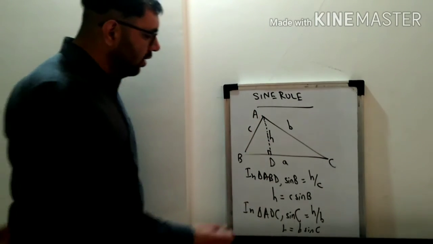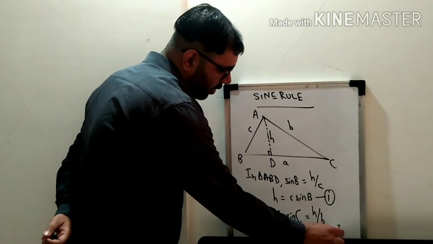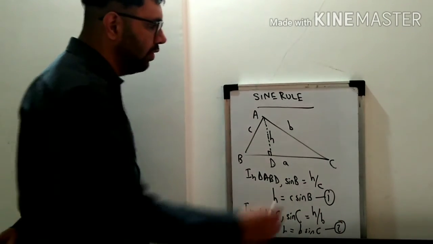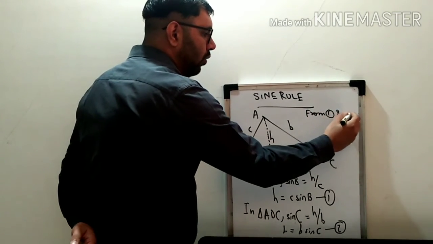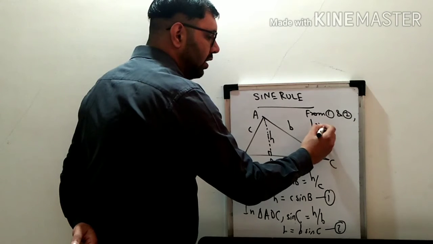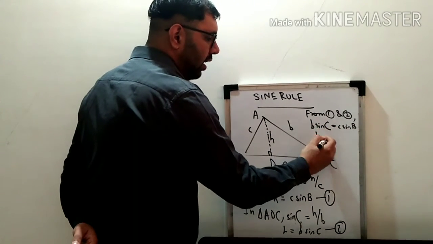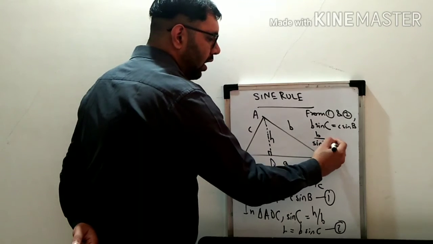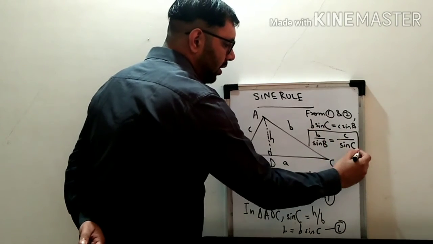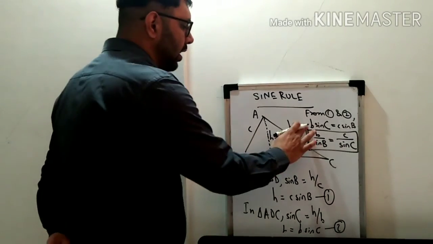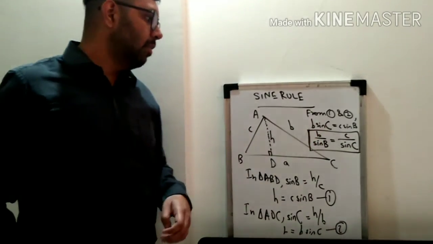So from equation 1 and 2 we can equate both of them, which means b sine C can be written as c sine B. Sine B I can take in the denominator of this term and sine C in the denominator of that term, which means b by sine B can be written as c by sine C.